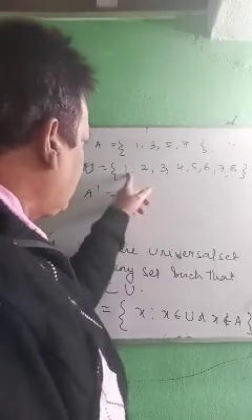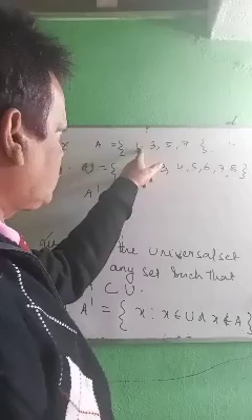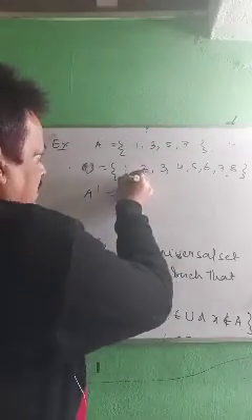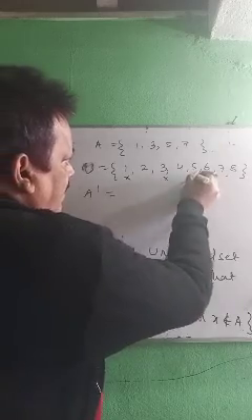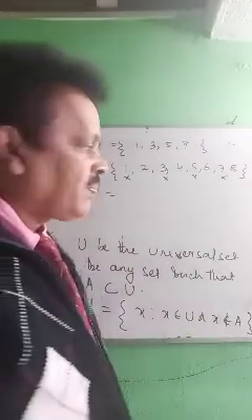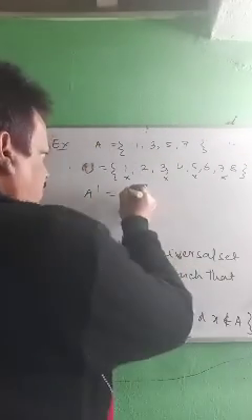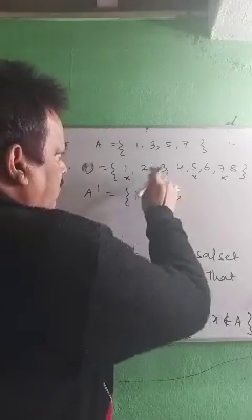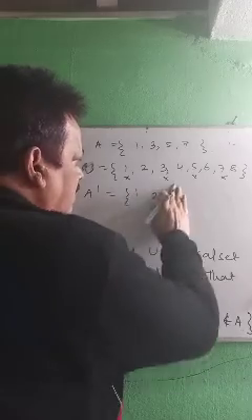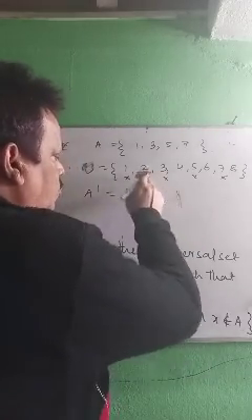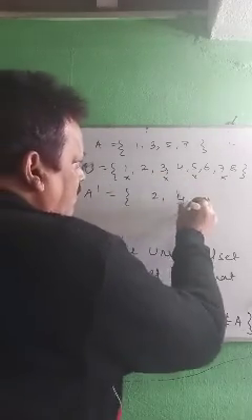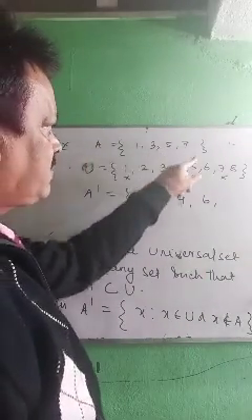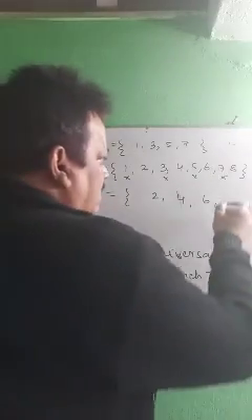You take all the elements of U excluding the elements of A. 1, 3, 5, 7 you have to discard. Then what is left out? 2, 4, 6, 8.